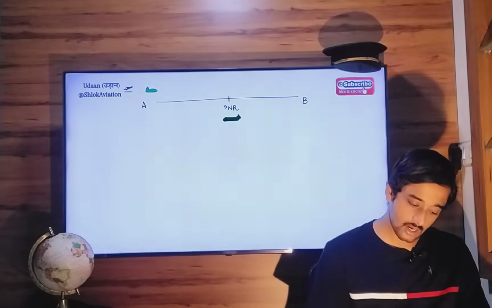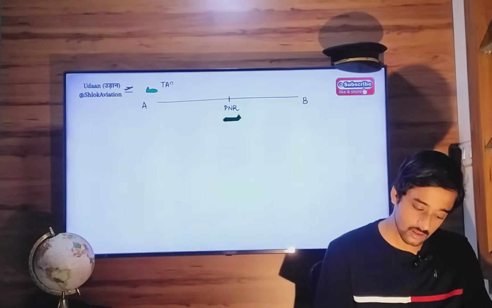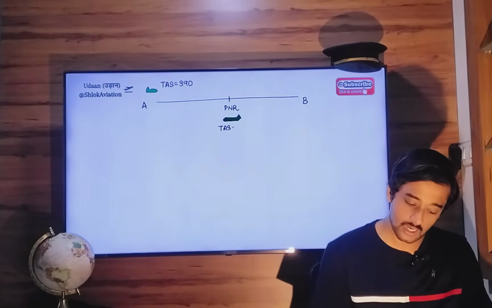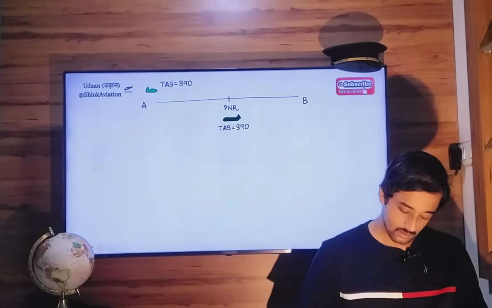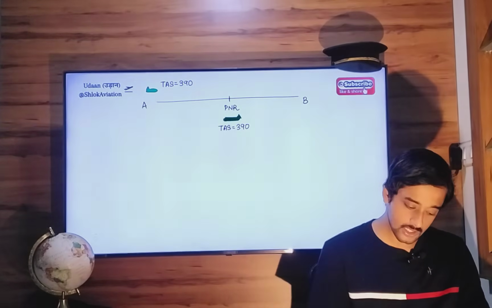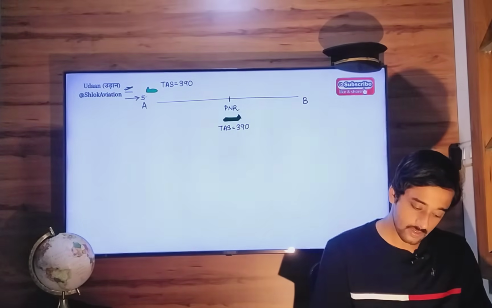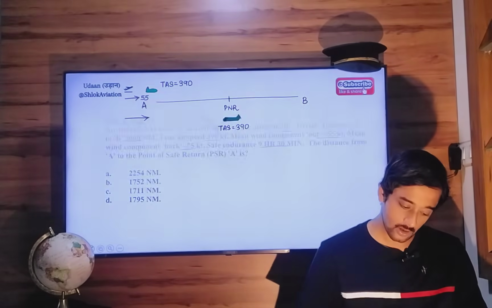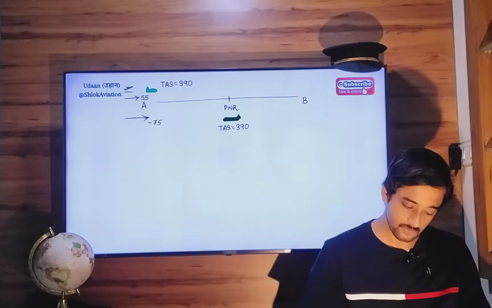TAS is 390. Outbound wind component plus 55. Inbound wind component, a headwind of minus 75.